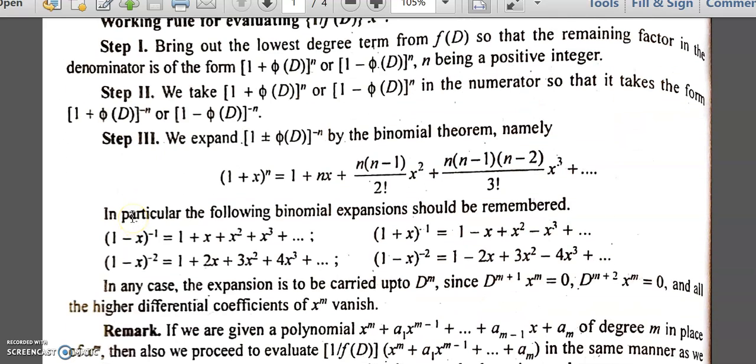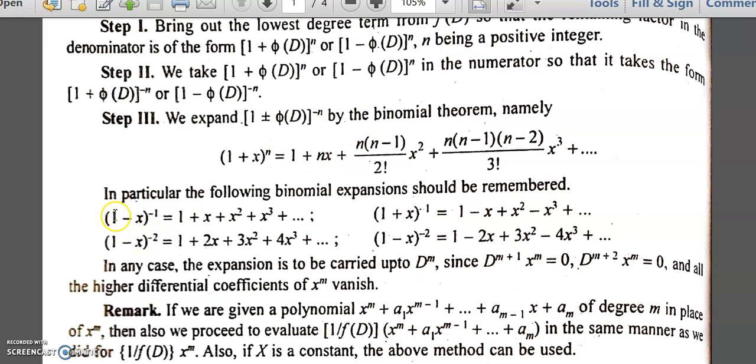Rather, you just need to know the binomial expansion: 1 plus x whole to the power n is 1 plus nx plus n into n minus 1 by 2 factorial x square plus n into n minus 1 into n minus 2 by 3 factorial x cube plus, and so on.